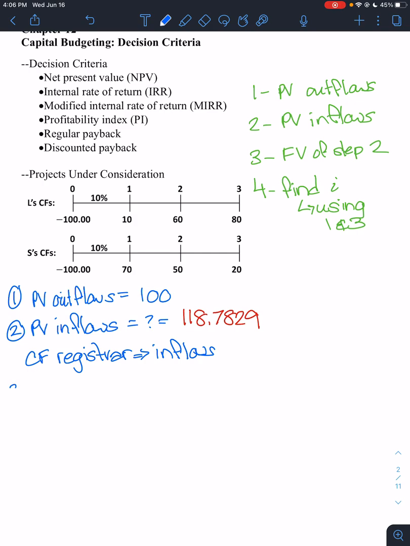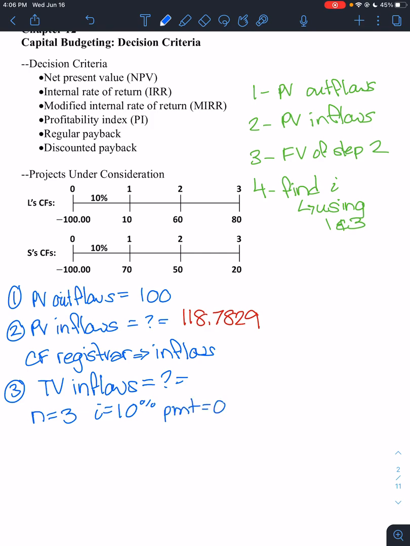Number 3, step 3. Find the future value of step 2. So future value, or I'll use the book's term of terminal value of the inflows, which again just means find the future value. N equals 3. We're going to grow it by 10. No payments, right?